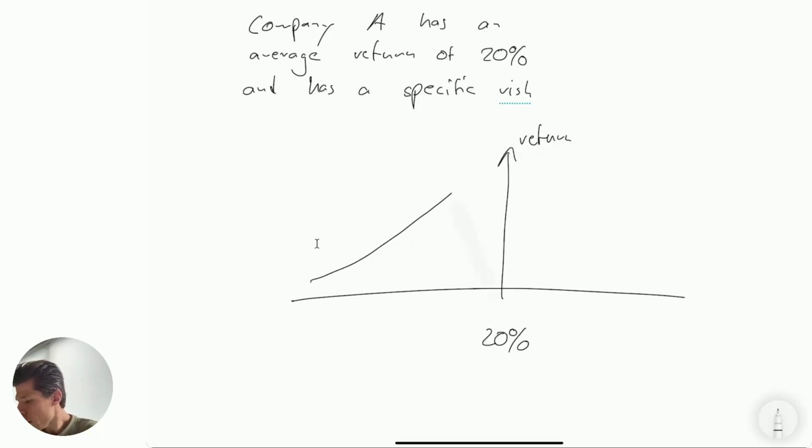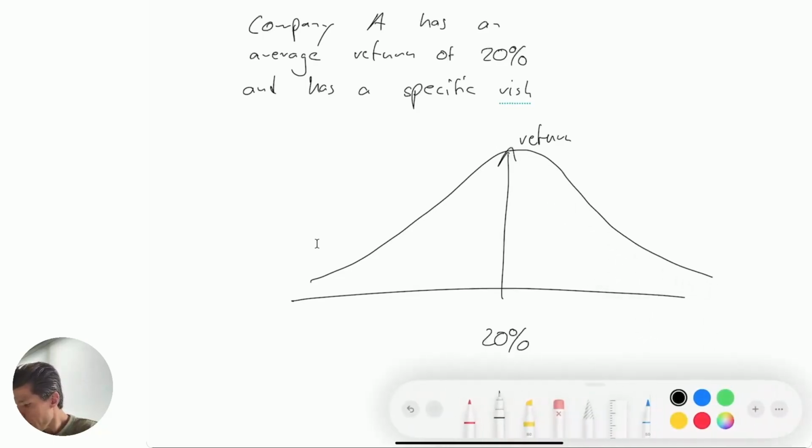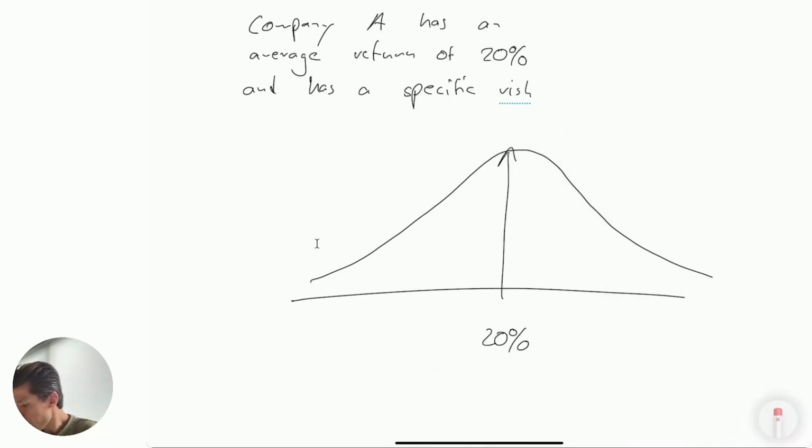And then what is happening? The curve goes like this. So this is the 20% return, and then it can be higher or it can be lower. Standard deviation.